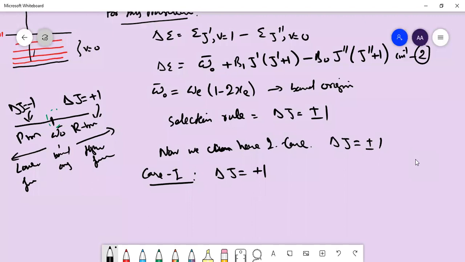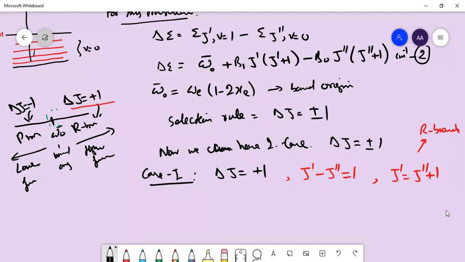It means we will solve this equation for our R branches, because delta J equal to +1 means the R branches, which have higher frequency as compared to our band origin, omega naught. And from here, we know that J' minus J'' is equal to 1. If I resolve this equation, J' will be equal to J'' plus 1. And this will be for your R branches. So now we are solving this equation for the R branches.